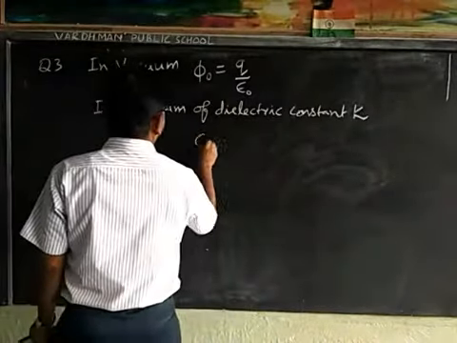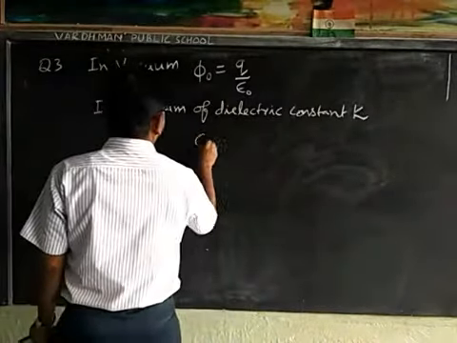Then we will find phi 0 upon phi K, which is equal to Q upon epsilon naught upon Q upon epsilon 0 K, which is equal to Q upon epsilon naught into epsilon 0 K upon Q. Now cancel Q. This is equal to K upon 1.